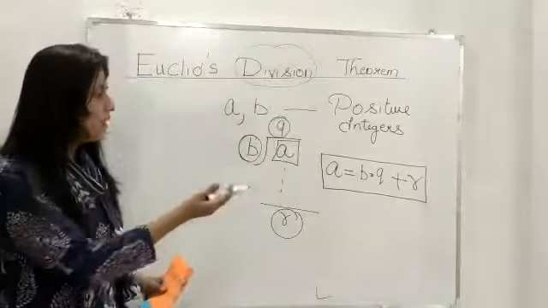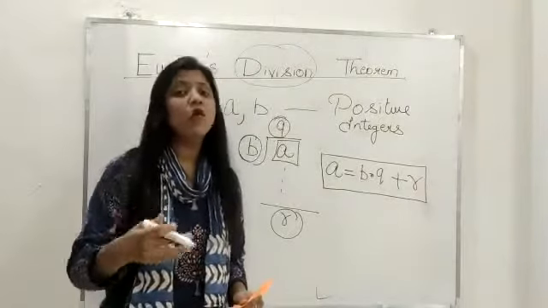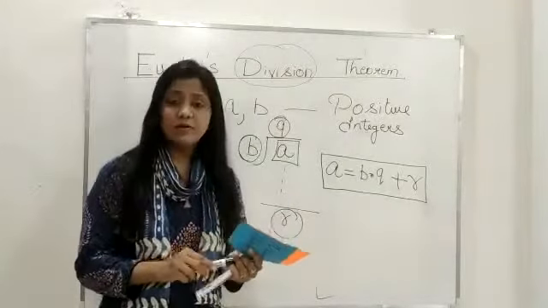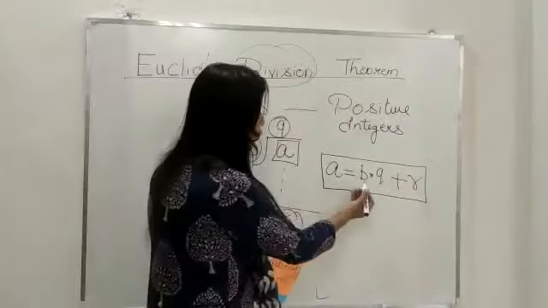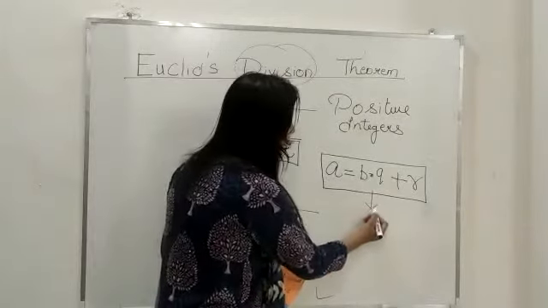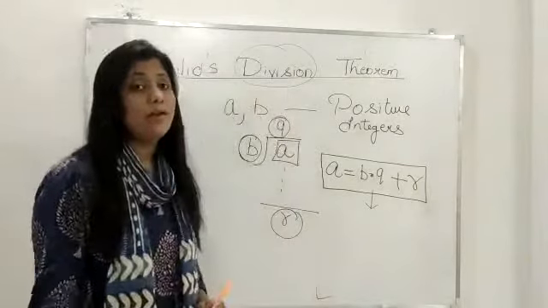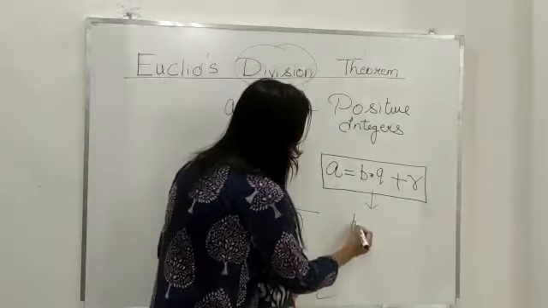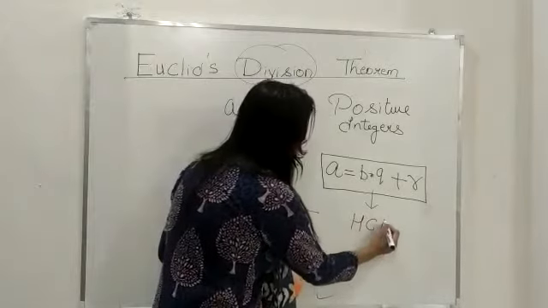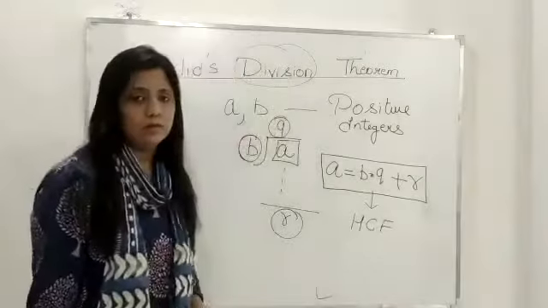But why am I studying this if I have already studied it in my previous classes? Because this theorem has many applications. One very important application is to find the HCF of any two numbers.